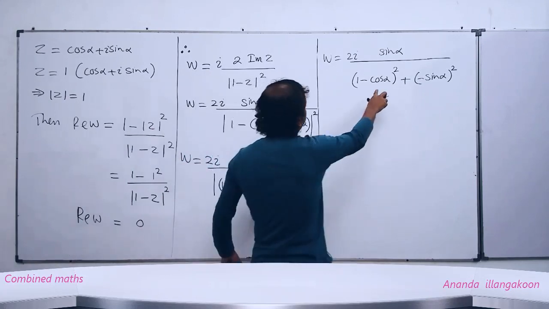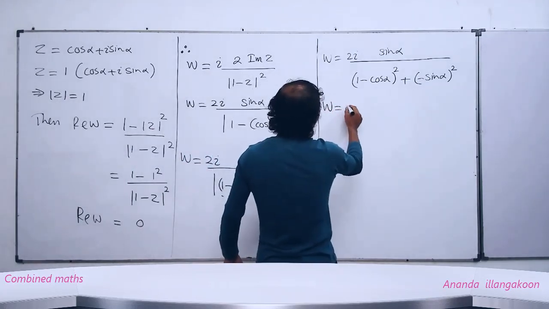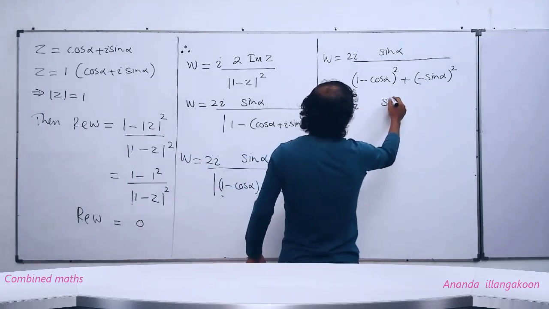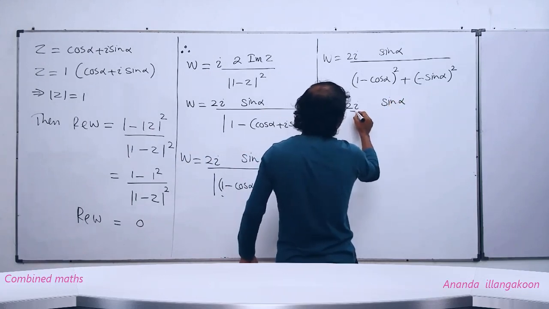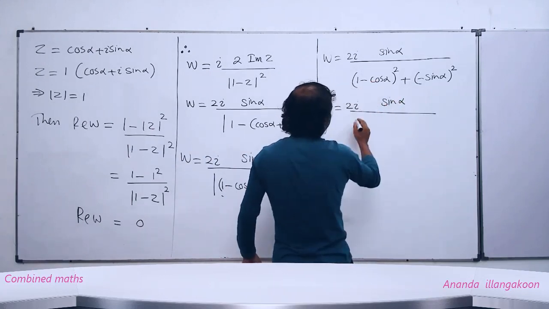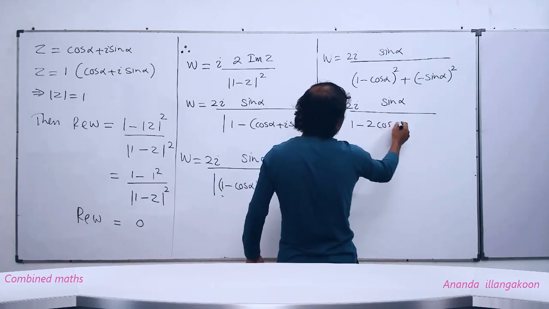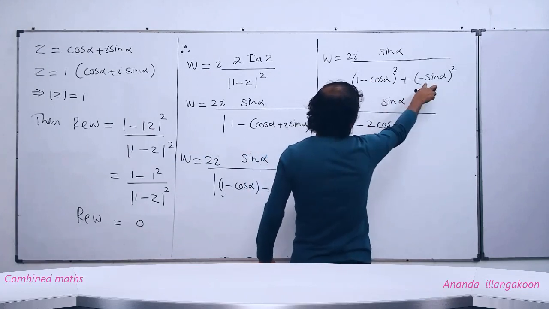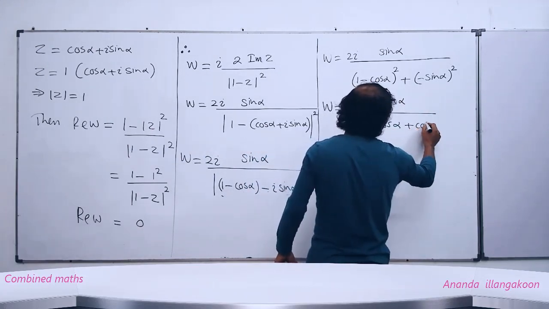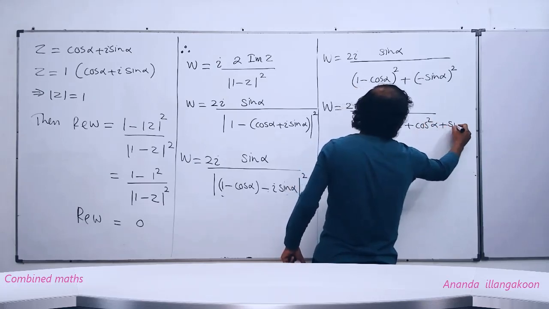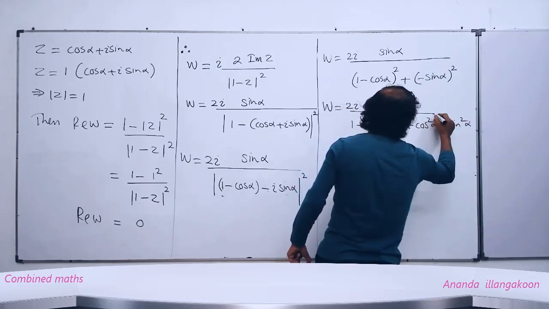What do you get? 1 minus 2 cos alpha plus cos squared alpha plus sin squared alpha. This is 1.